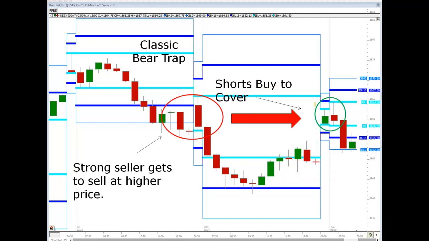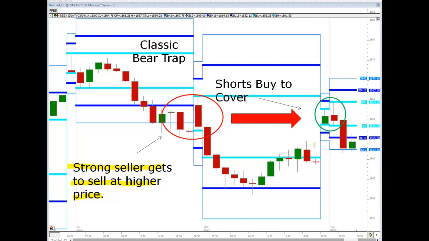Now, what's happening? Who actually is taking the other side of this trade? As they are buying, they're buying from the strong seller, and the strong seller that was present in the market gets to sell at a higher price, and they are probably the ones that are responsible for this bear trap.